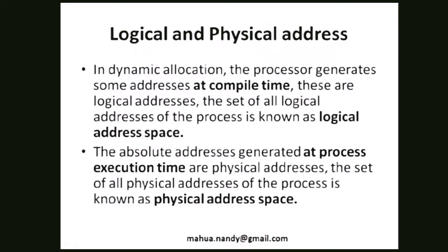These logical addresses need to be converted into absolute addresses at the time of execution of the process. The absolute addresses are known as physical addresses. The set of physical addresses generated corresponding to the logical addresses during process execution is known as physical address space.